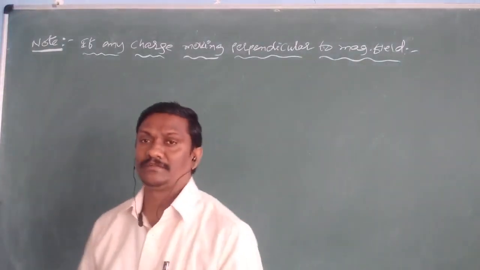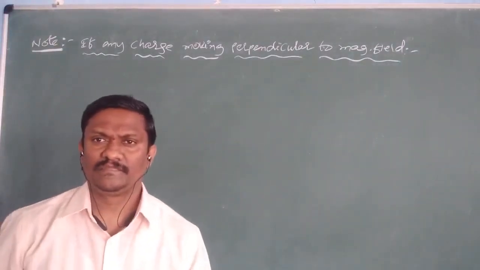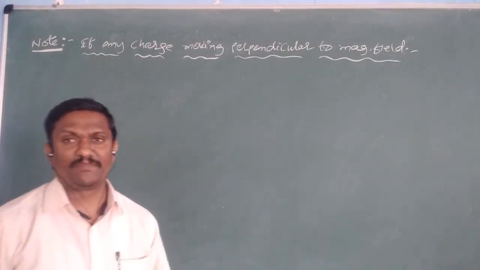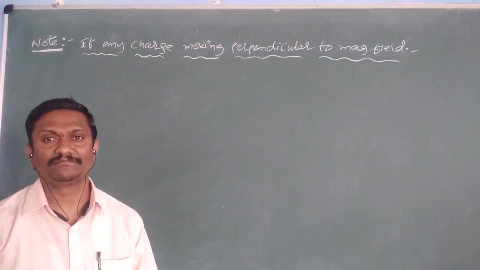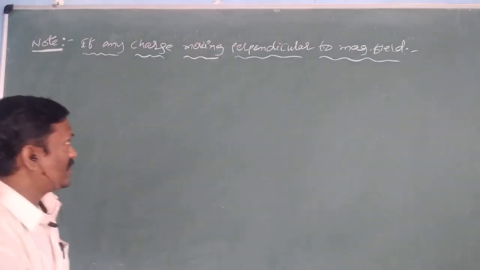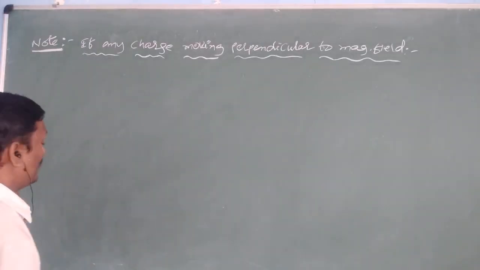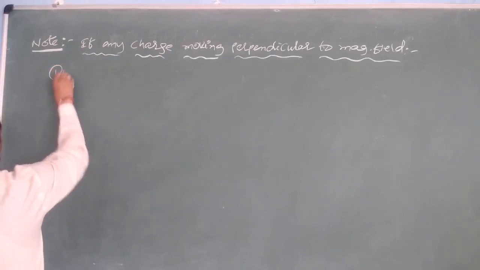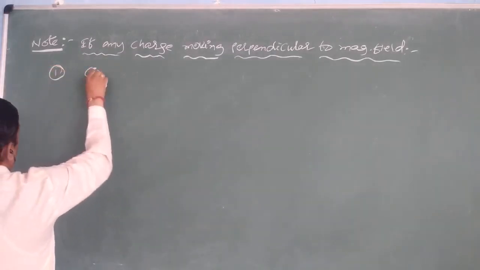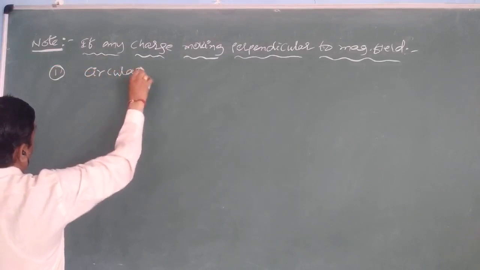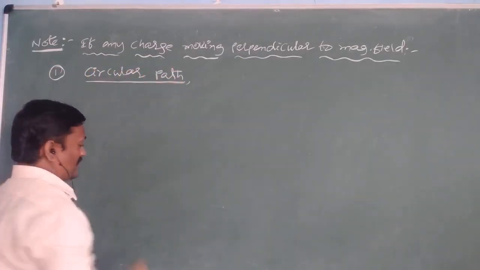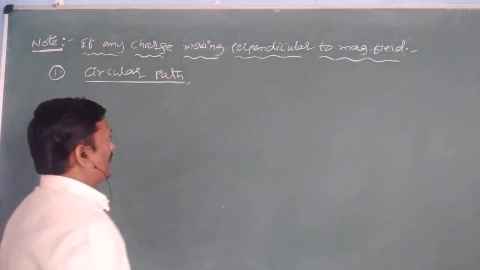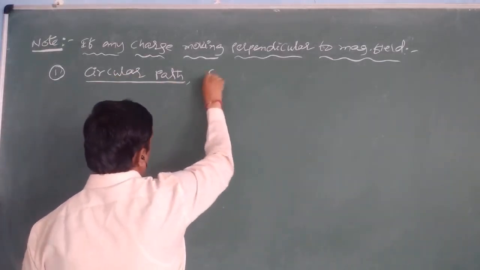Next, continuation. If any charge is moving perpendicular to the direction of the magnetic field, that is case 2, theta value 90, then the particle follows a circular path. In a circular path, the necessary force is the centripetal force.